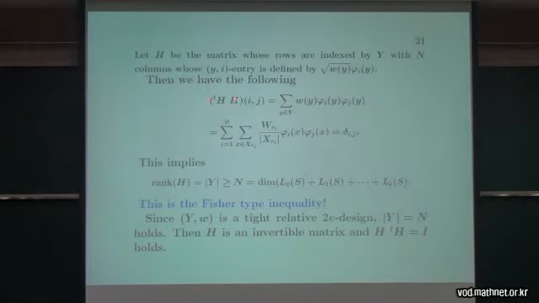That means the matrix is non-singular. It has an inverse, and then we have the rank h should be greater than or equal to the cardinality of the coordinate of y. So this is the Fisher type inequality.